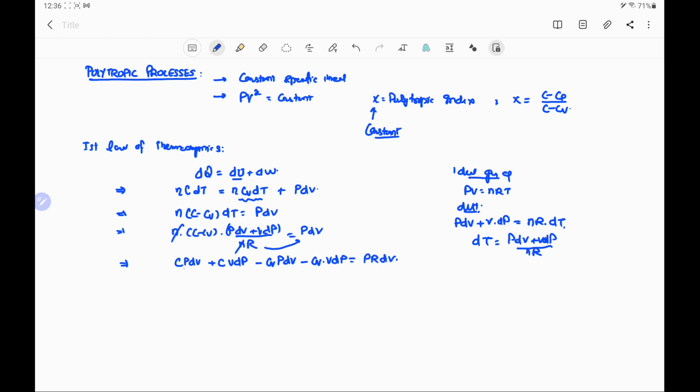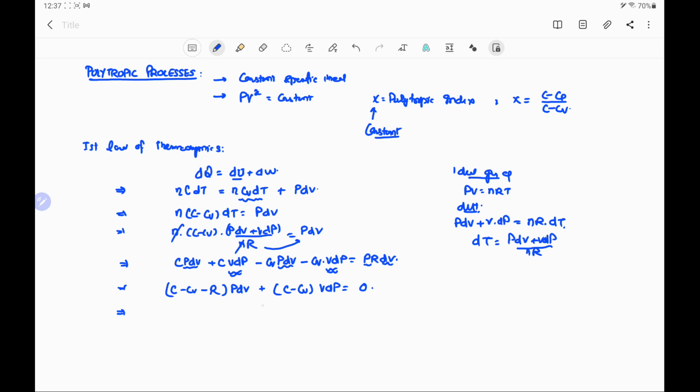Combining the terms having PdV, we have (C - Cv - R) PdV, bringing the right-hand side term to the left. Similarly, taking the VdP terms together, we have (C - Cv) VdP = 0.